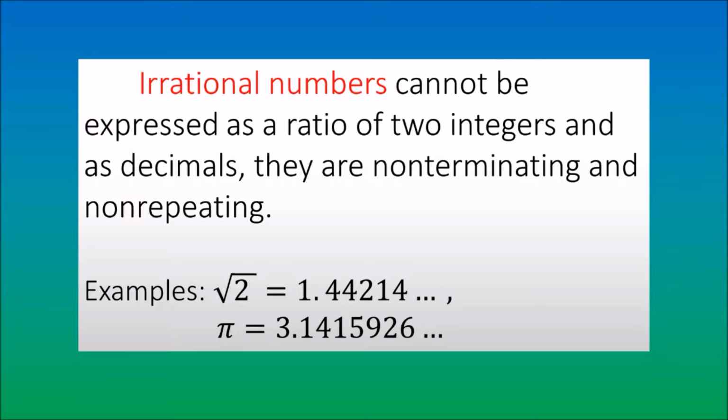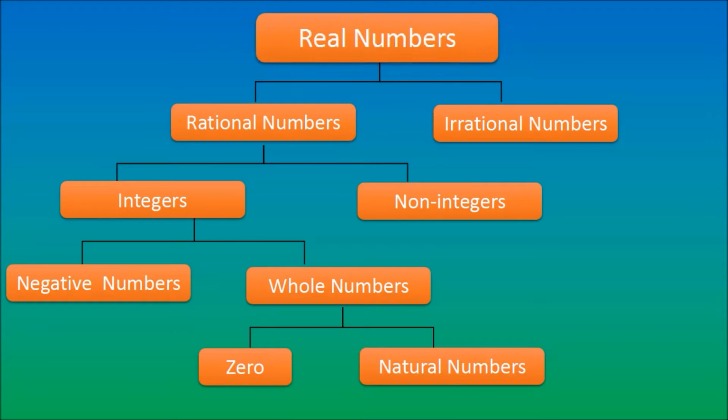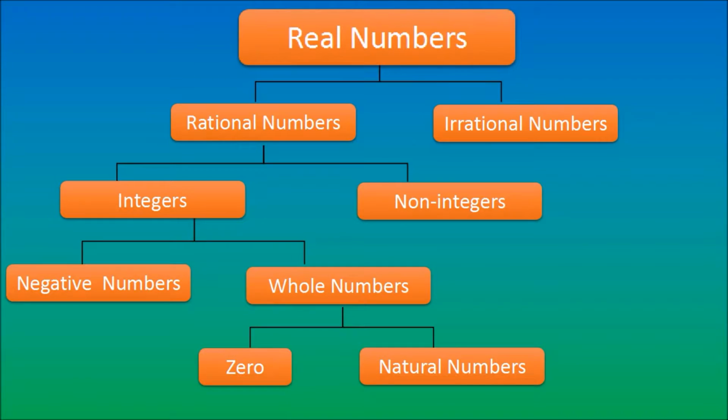Pi, which is equal to 3.1415926. As you can see, the digits after the decimal point are non-repeating, and the 3 dots indicate that they are non-terminating. So this diagram explains the definition of the set of real numbers.